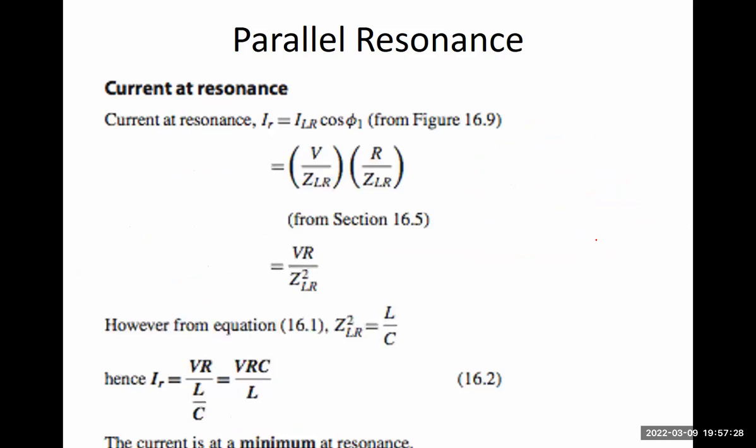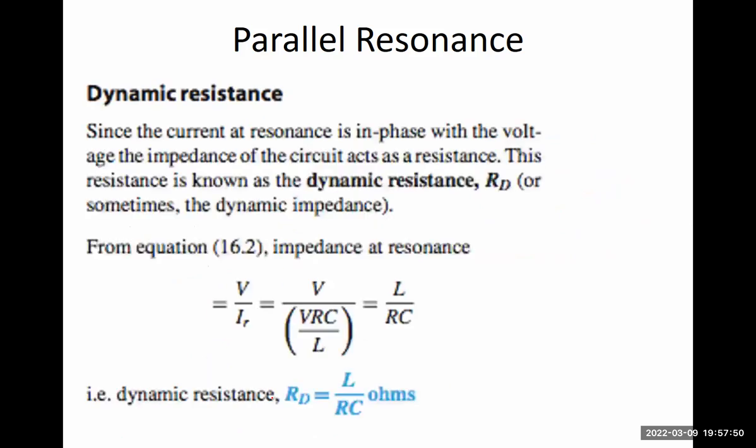And to determine the current at resonance, the current at resonance would be equal to VRC divided by the inductance L. And for the dynamic resistance, the current at resonance is in phase with the voltage, so the impedance of the circuit acts as a resistance.